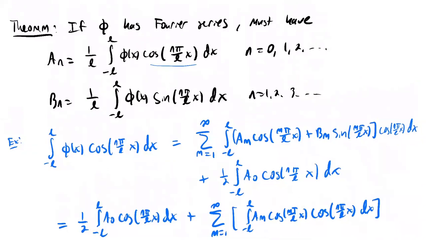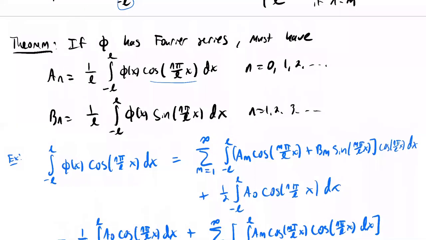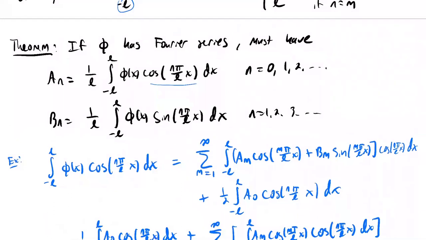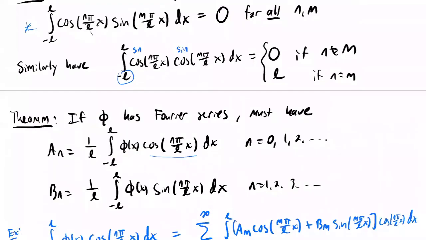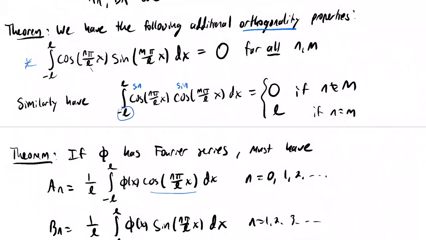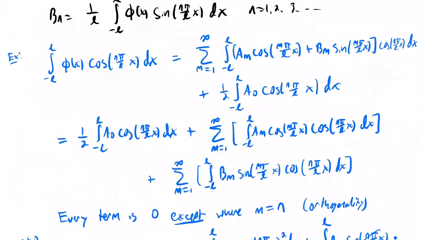And so one good thing to remember is that sometimes it's hard to exactly remember what the formula is for these coefficients, like is it a 2 over L or a 1 over L, et cetera. All you have to remember are these orthogonality properties, and you can always rederive the formula very easily, right? Just doing this kind of sketch that I did over here.